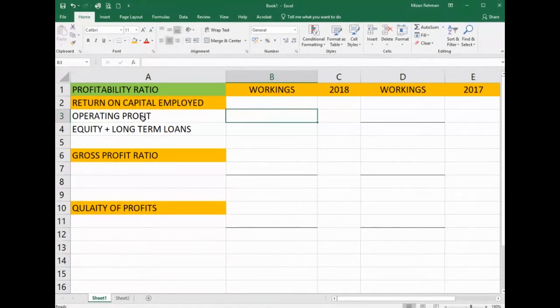The operating profit we noted was 156.5, and the equity we noted was 2954.2, plus the long-term borrowings we noted were 1670.6, plus the long-term borrowings in the current liabilities are 125.6. So we got this, and we can put workings for 2017 too.